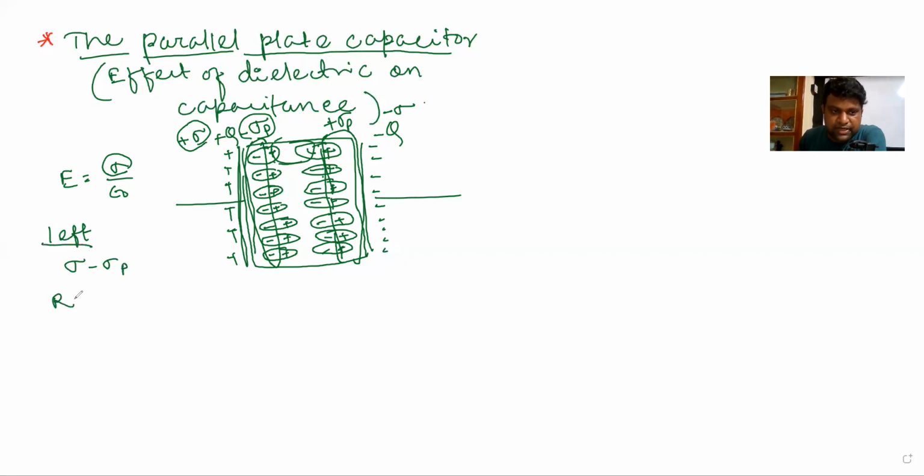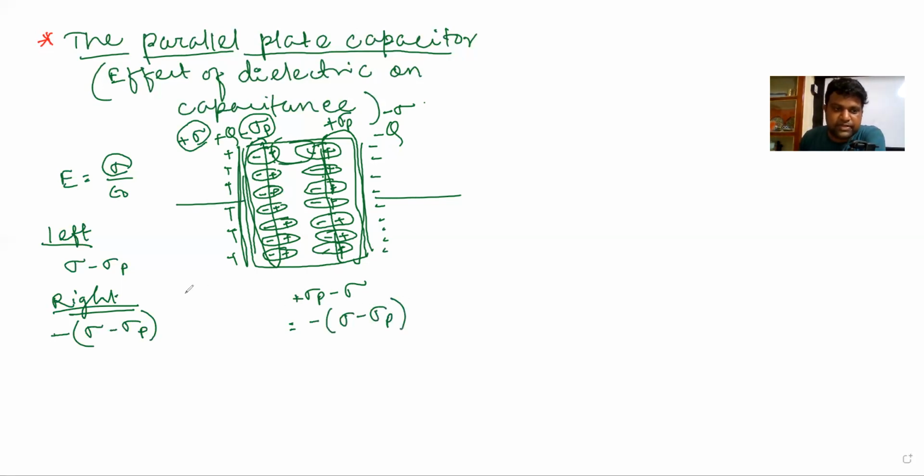And on the right side, it is minus sigma plus sigma p, so we can write it simply, and I can take minus one common, so this becomes minus of sigma minus sigma p.